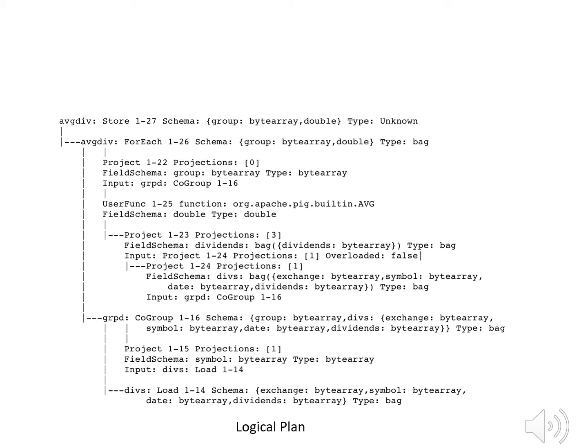The foreach operator has a projection expression that projects field 0 and a UDF expression, which indicates that the UDF being used is org.apache.pig.builtin.AVG. Notice how each of the project operators has an input field indicating from which operator they are drawing their input.